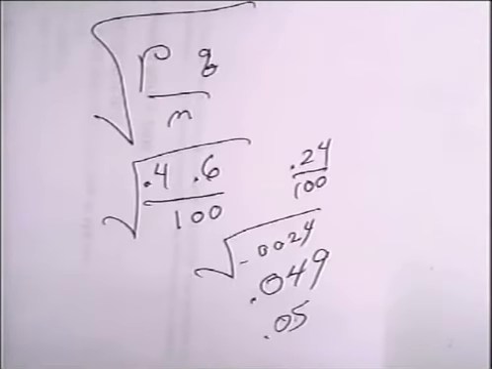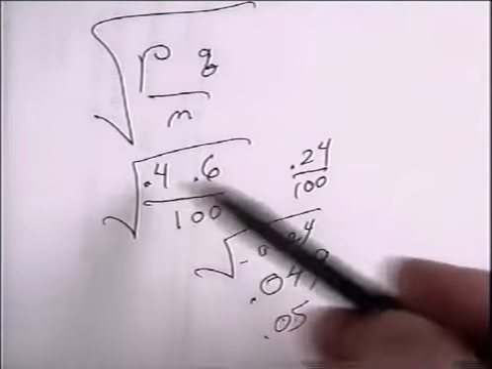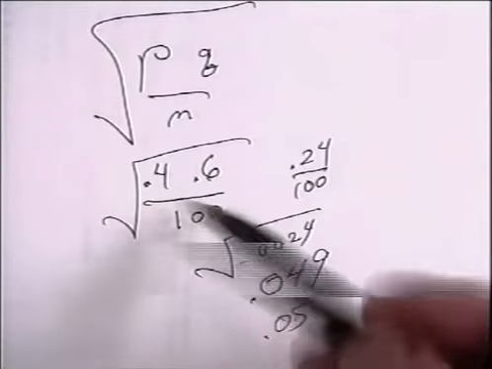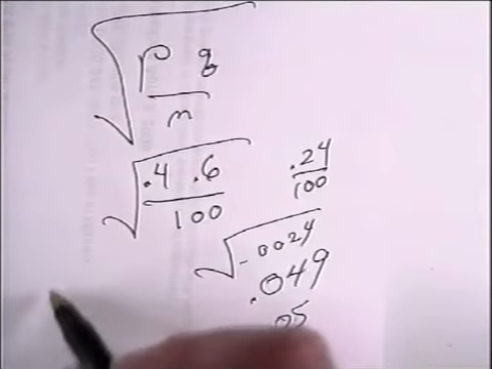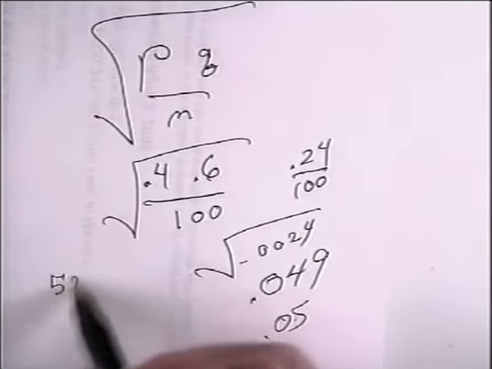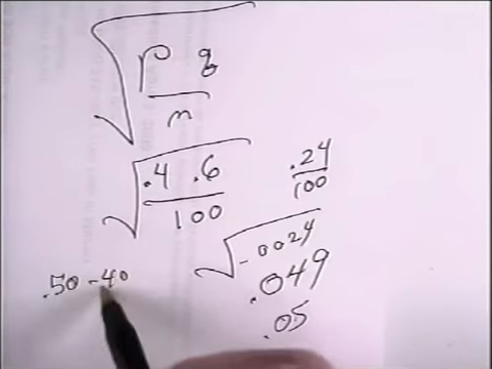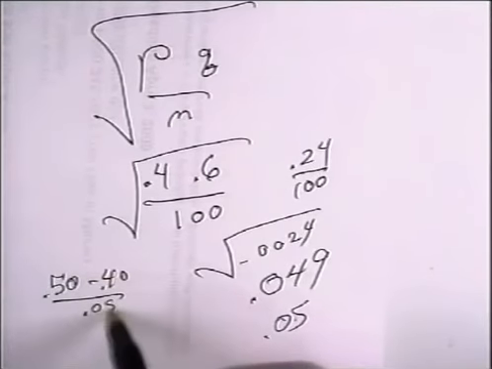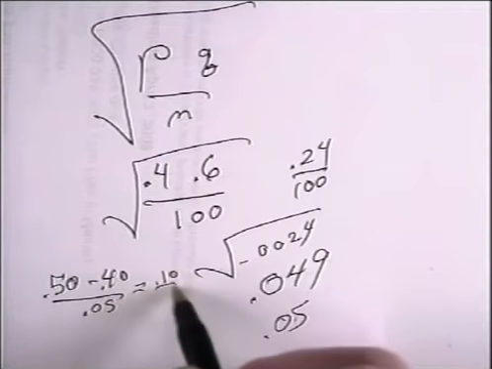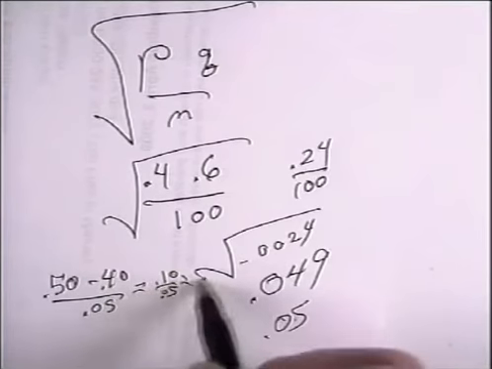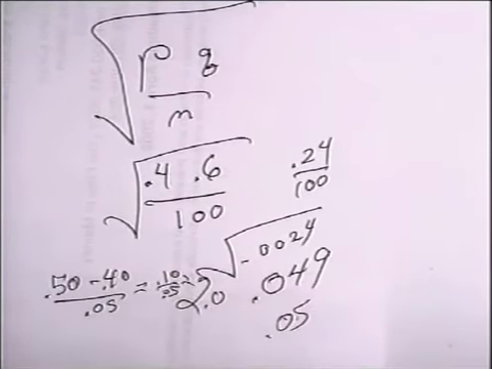Let's round it off to 0.05 just for this example. Everybody see what I did? Multiply p times q, divide by n, then take the square root. So I would take 0.50 minus 0.40 divided by 0.05. This is 0.10 over 0.05, or 2. I've got 2 standard deviations.